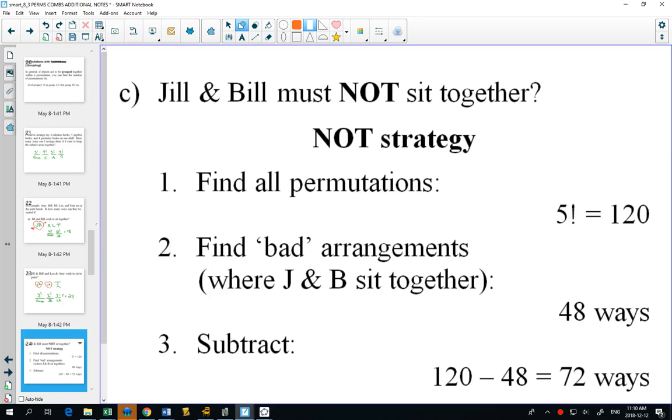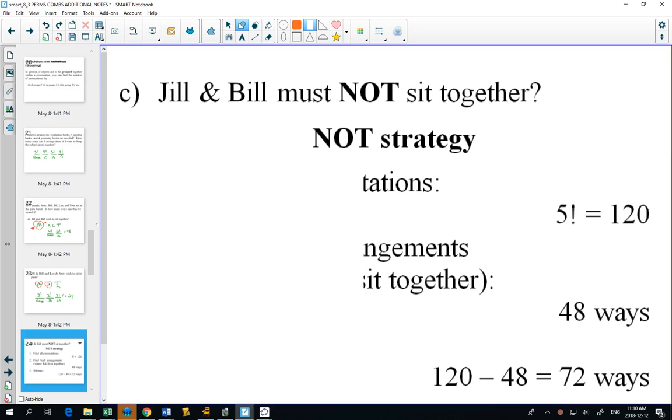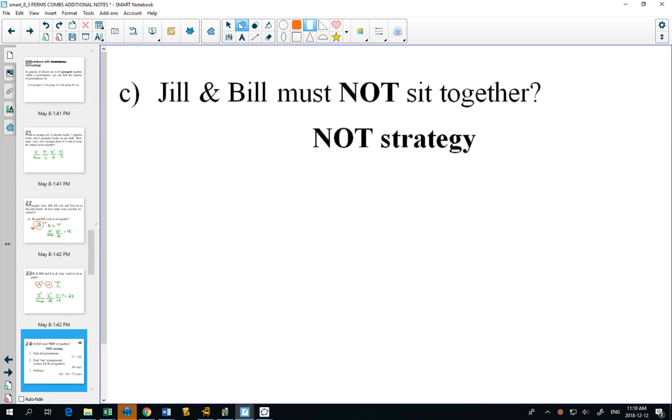Now, we don't know exactly what happened. Tom's revenge, not sure what happened here. But now they come back to the park bench, and whatever happened, now Jill and Bill must not sit together.